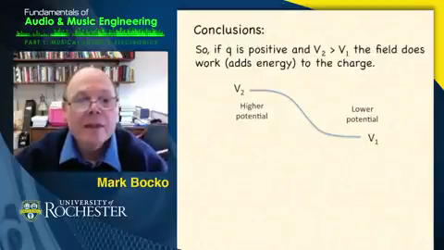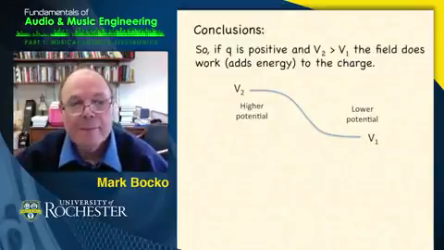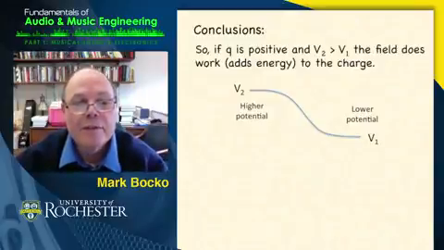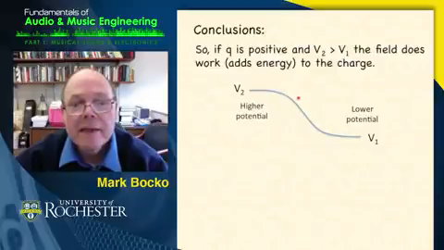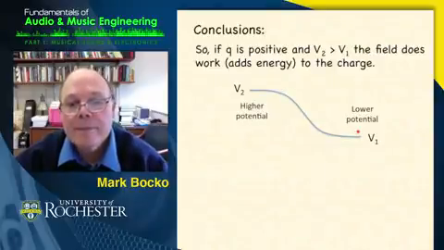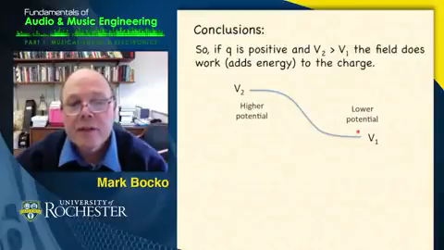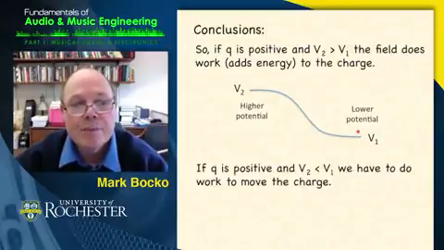Now, here's the potential diagram version of saying the same thing. If a charge starts off at a high potential, it can drop to the lower potential and acquire energy. The difference in electric potential energy has been turned into kinetic energy of that free charge.